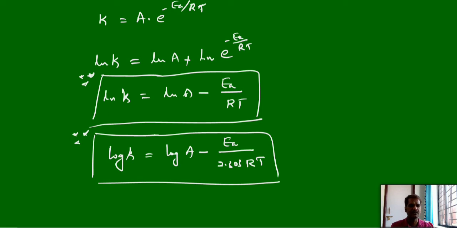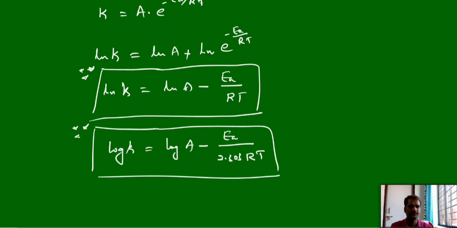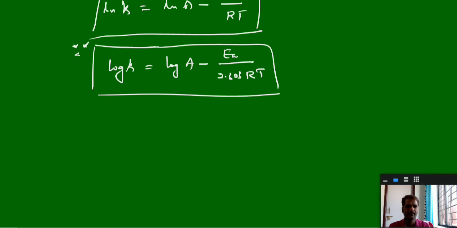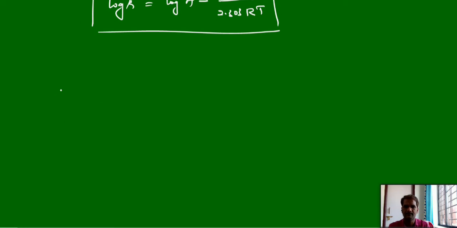Again, for these two equations we have the graphical representation, and those graphs are also very important. Again, you can draw a graph like this, and the two graphs here.